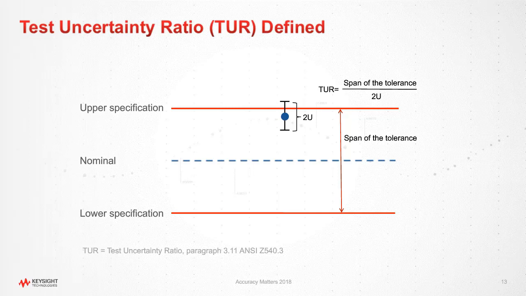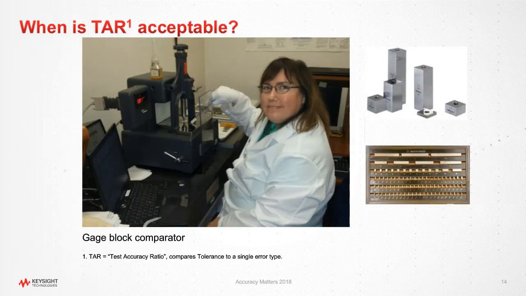Now, one thing you can notice is that the error or the uncertainty is in the denominator, and that means the more error you have, the lower the test uncertainty ratio will be. When I show you some curves coming up, you'll need to see this, so I wanted to show you this. But I do want to tell you, sometimes when I'm talking about uncertainty, people say, oh yeah, with the power meter, power measurements, I know that the instrumentation accuracy is 0.5% of reading.